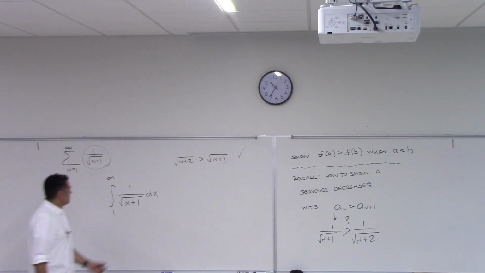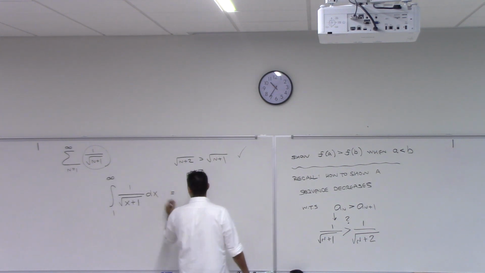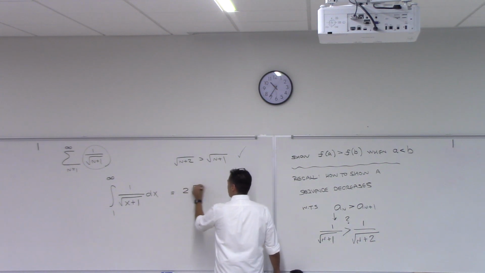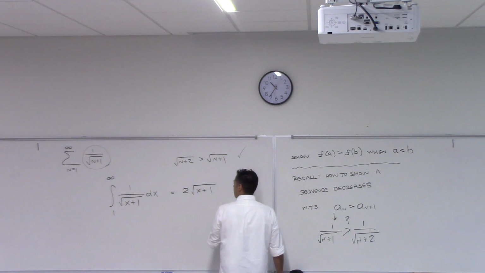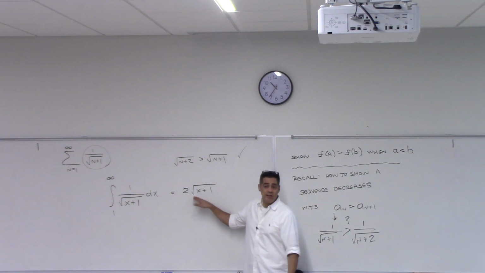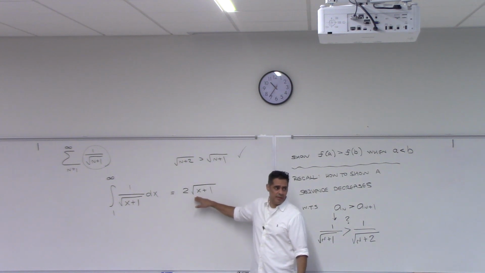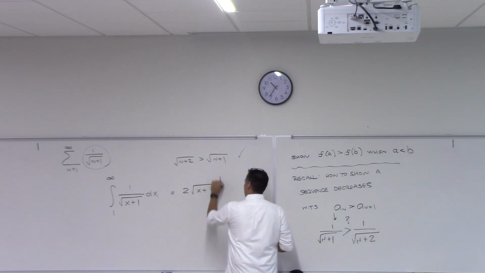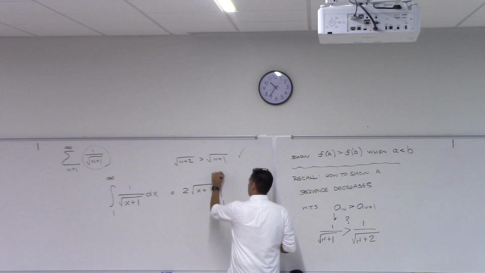So the basic u sub here, I'm not going to show the work. It should be 2 square root of x plus 1. That's the antiderivative. I'm not showing the work to get that antiderivative. I'm just doing it. And then we're going to evaluate this from 1 to infinity.